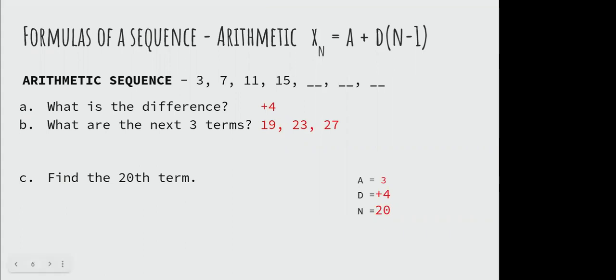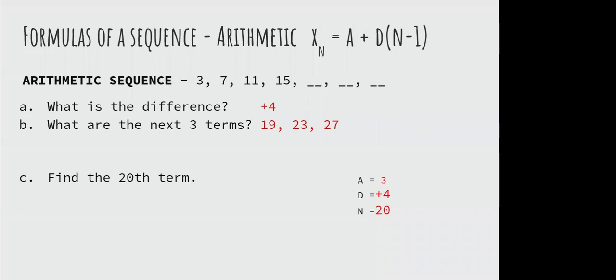Now let's see if we can put this together in the formula and figure out what the 20th term is. We have about 2 minutes left in the class. Did anybody figure it out? If not, that's okay, because we can start right here on Thursday. That's your assignment for Thursday.